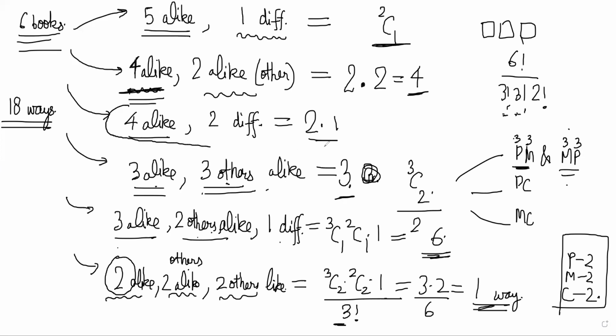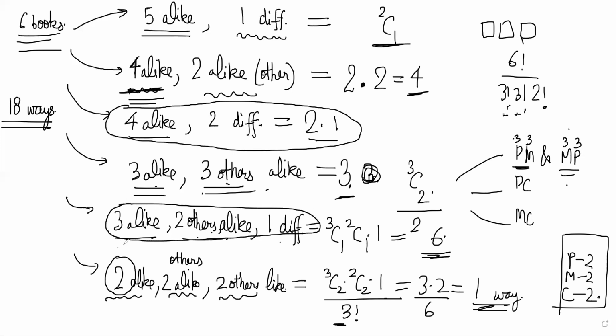This case is fine, and this is not fine, the fifth and the sixth one. This is fine and this is fine. You just add those cases, 2 and 6 and 1. So 9 ways to do the second part.